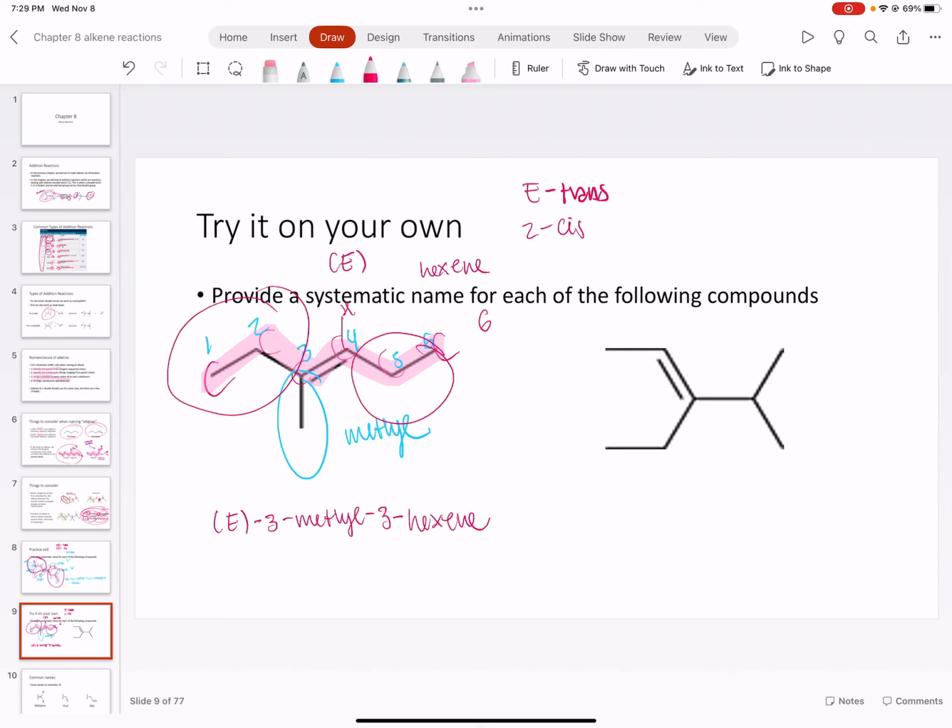Okay, so then let's see. In here we can do 1, 2, 3, 4, 5. And we can also do it like this, 1, 2, 3, 4, 5. We could technically do 1, 2, 3, 4, 5. But the thing is that we want our parent chain to contain the double bond. So then here we have 1, 2, 3, 4, 5.